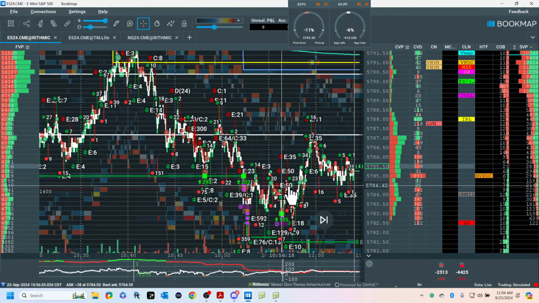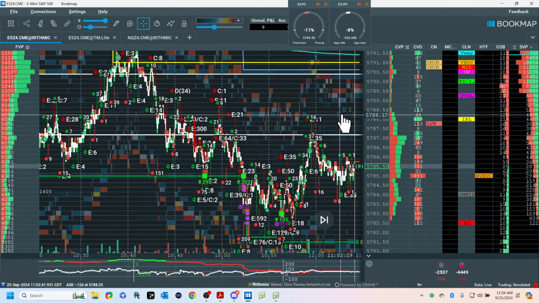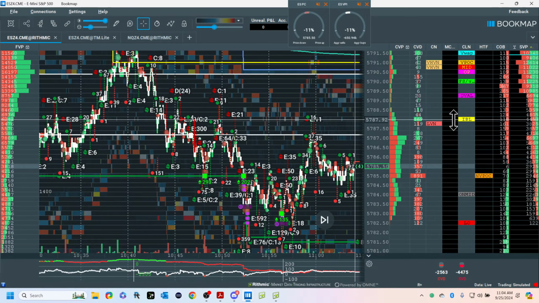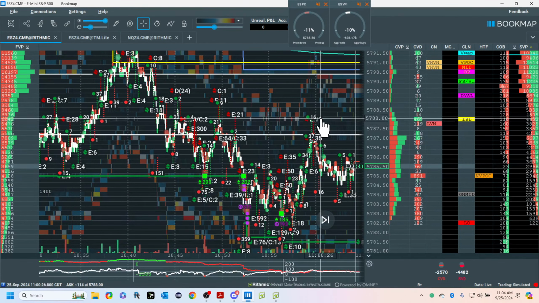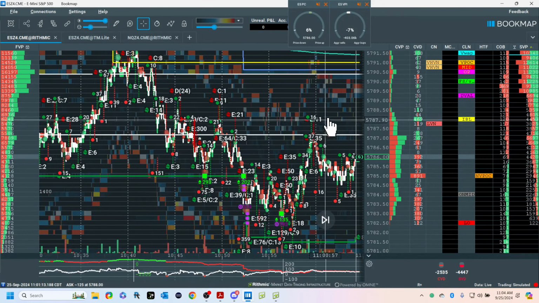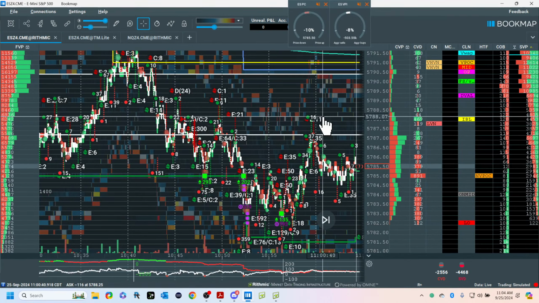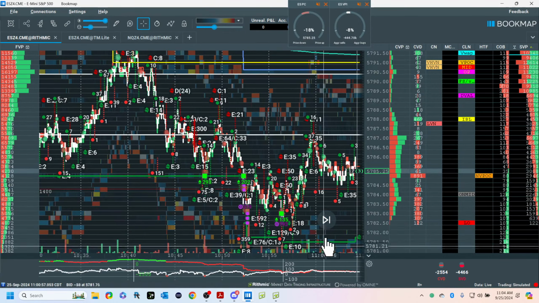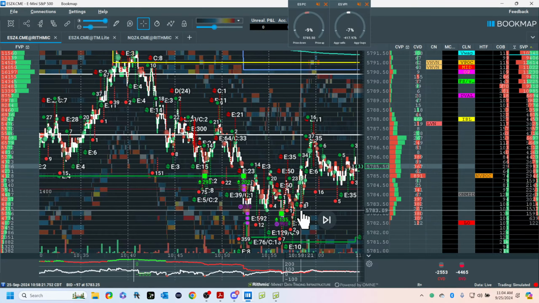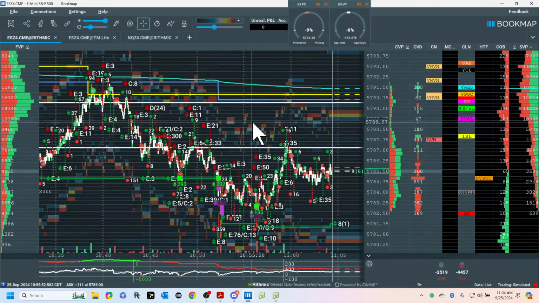So if we rotate up, we can come up into here, and there's going to be stops here. So there's two trades here. There's this, and then there's another one, another short up in here. Two possibilities. So short from here or short from here, and the target is the micro composite volume point of control down below. So let's see how that plays.